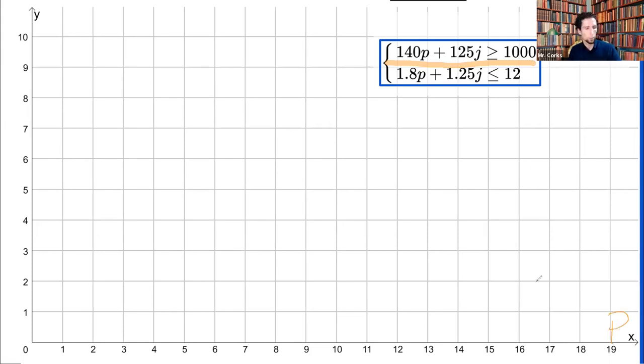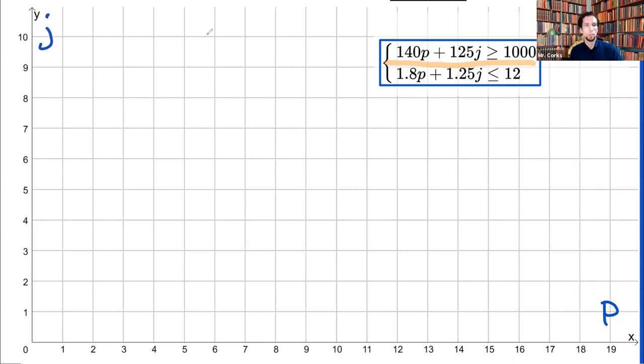We need to label our axes carefully here. P instead of X here, and then we'll have J instead of Y up here.